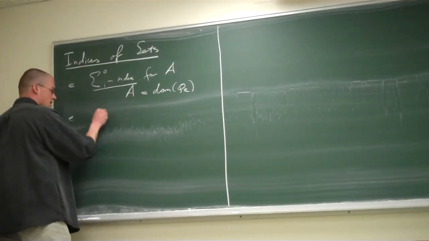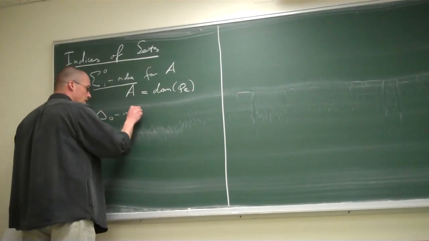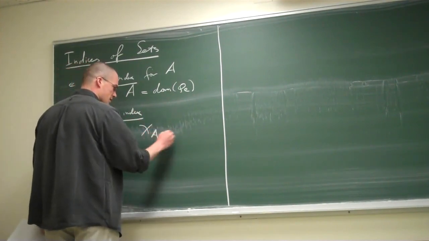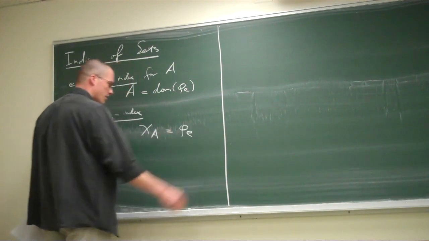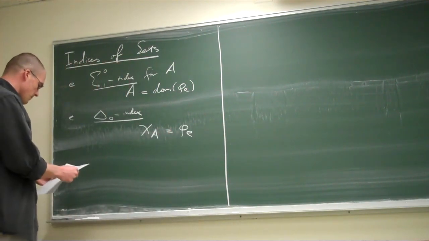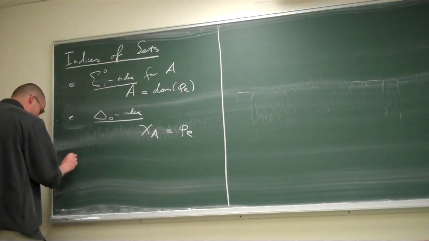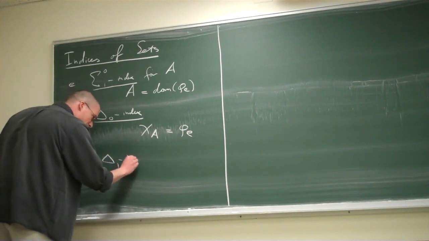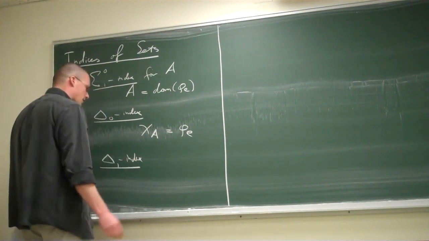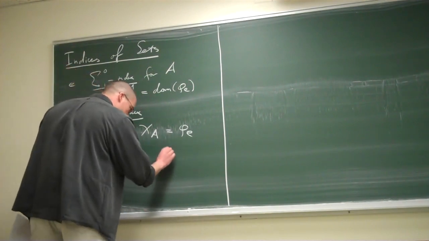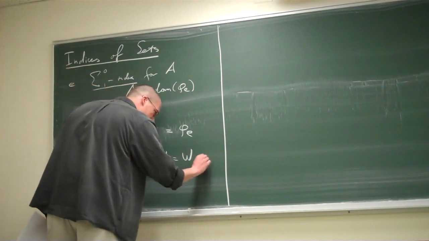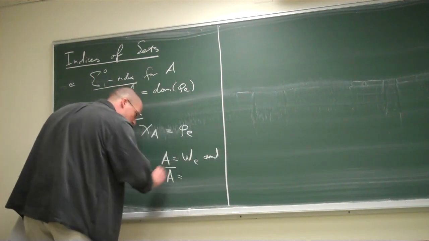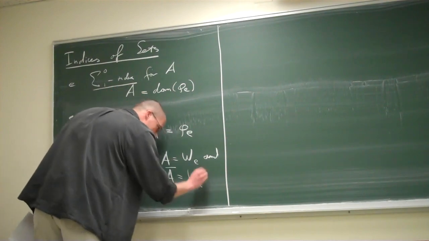E is a Delta 0 index for A if the characteristic function of A is equal to phi_E, and we have a pair E, E' that is a Delta 1 index if A is equal to W_E and the complement of A is equal to W_E'.